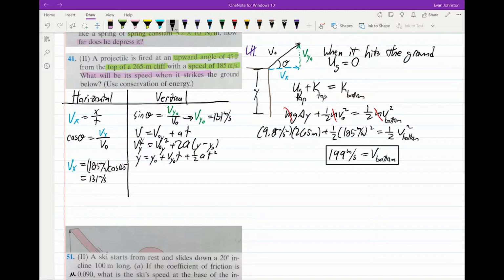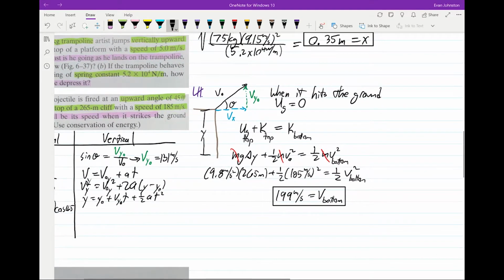speed at the bottom? Well, if you think about the path this projectile is taking, it's going to be going like this, and then like this, and at the end it's not just falling in the y direction, it's going to have an x component as well as a y component, and really there's a 90 here.